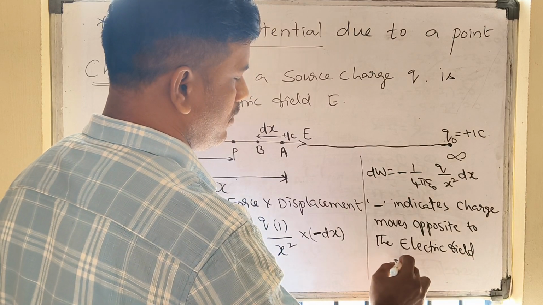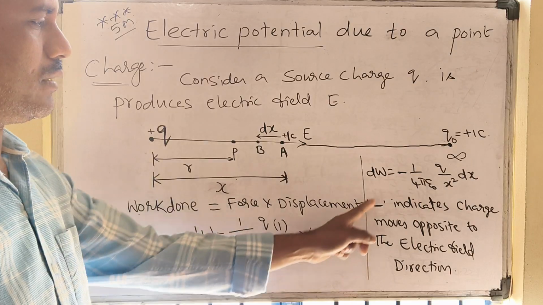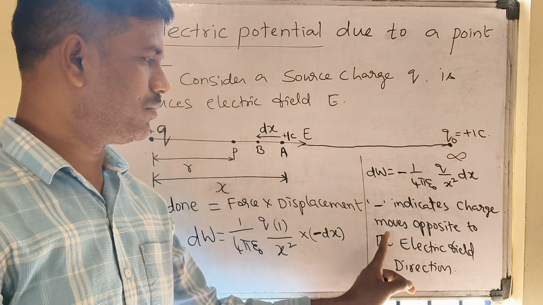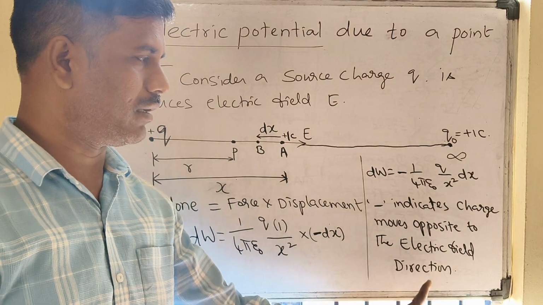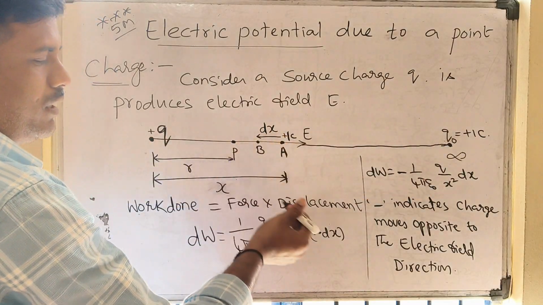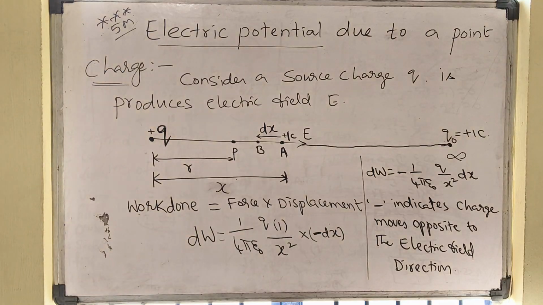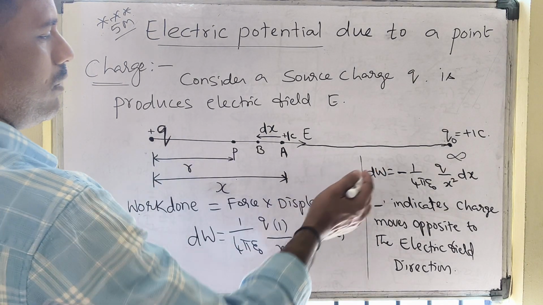The electric field direction is this one, and the charge moves in the opposite direction, that is minus. Right. Next, continuation.